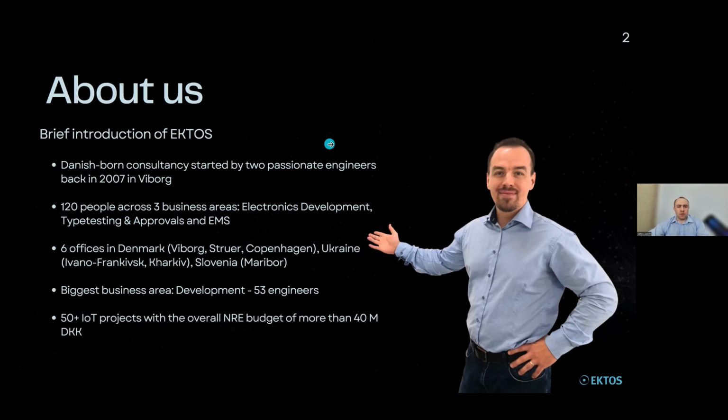We have 6 offices across Europe, in Denmark, Ukraine and Slovenia. In my department, we have 53 engineers doing different kinds of development for hardware, software, and machine learning as well. We have more than 50 IoT projects where we have used machine learning in particular.